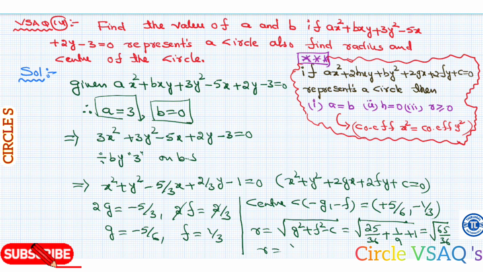So r = √65 / √36, and the value is 6. So the radius of the circle is √65/6. Here the value of a is 3 and the value of b is 0.